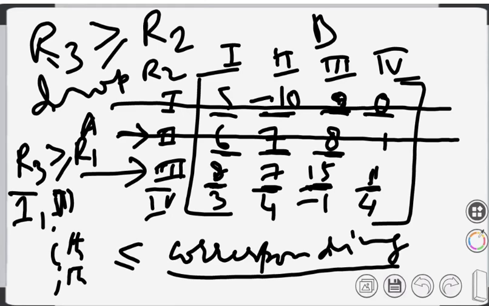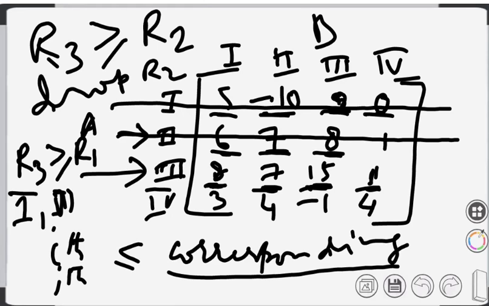Somebody said I just had a question. Over here, we compared row two and row three first, then we compared row three and row one. Is there any strategy, do we have to compare only these two? No, no. If I am seeing row one has all the elements greater than row three, I can compare row one and row three.